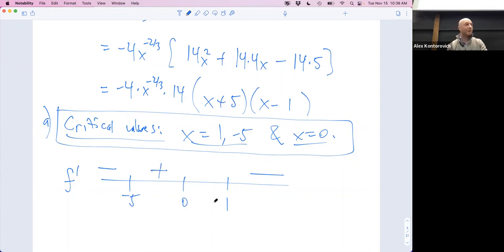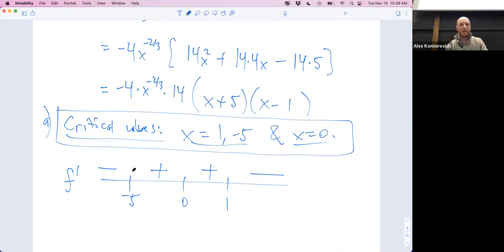So that's a plus sign, because that's a negative and another negative. And how about here between 0 and 1? If I take a number between 0 and 1 and I add 5 to it, that's positive. But if I take a number less than 1 and I subtract 1, I get something negative. So this is negative times a negative. This is also positive. Does that make sense?